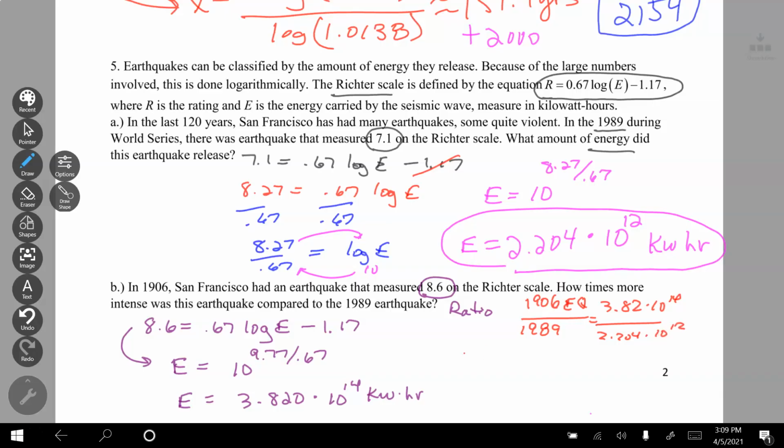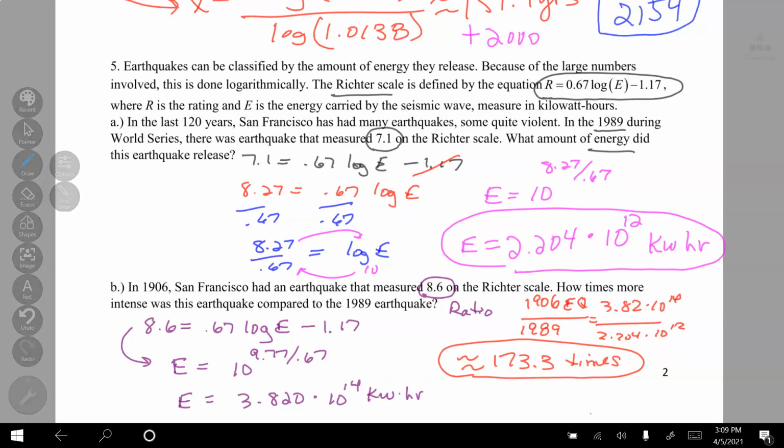And I get it's about 173.3 times as strong. So just think about this. If you had a 1 pound weight fall on your toe or a 173 pound weight fall on your toe, that would be the difference in magnitude.